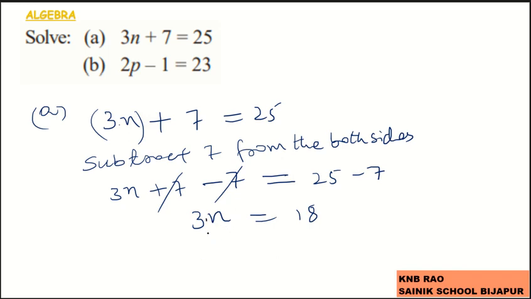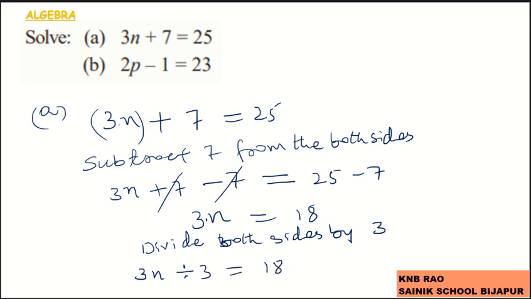Now, I have to remove that by dividing, divide both sides by 3. That means 3n divided by 3 equals to 18 divided by 3.